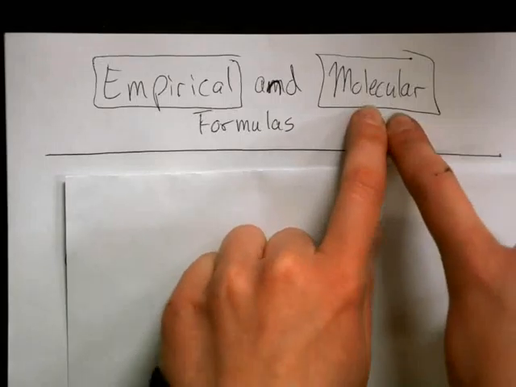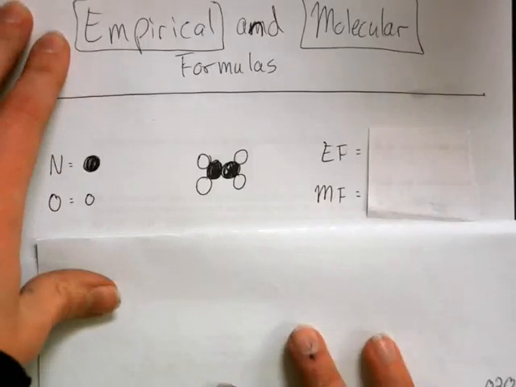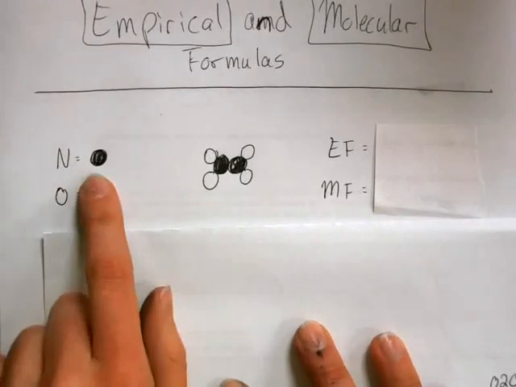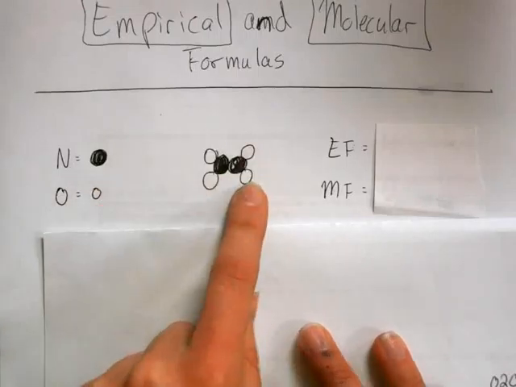Your molecular formula is the actual formula for your compound. So instead of being the simple version, it is what it actually is. For example, if we have something that looks like this, my nitrogen is being represented as my colored in circles, and my oxygen are my open circles.